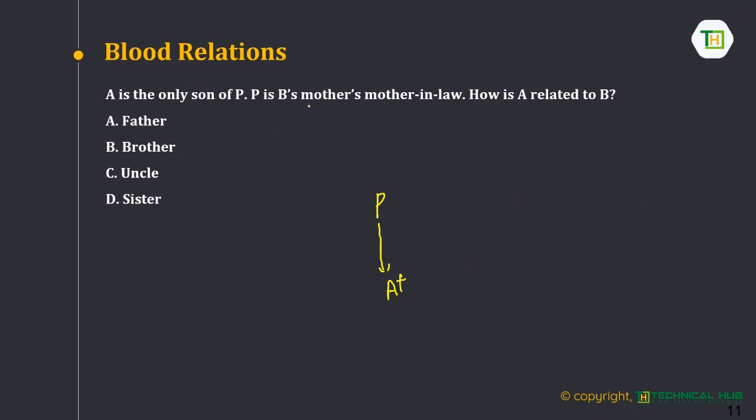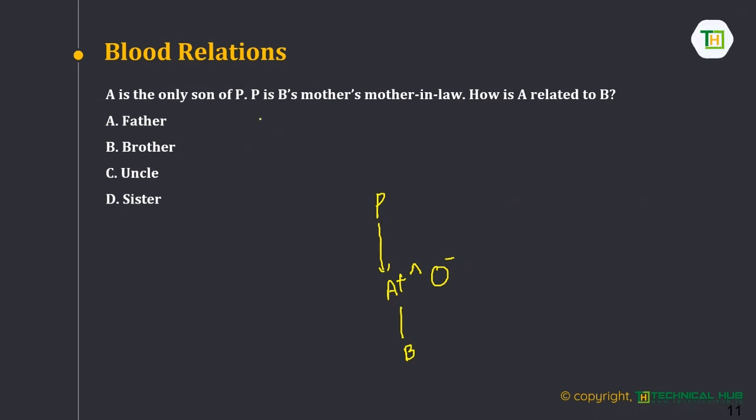So A's wife is one person, and B's mother means A and B's child is B. B's mother's name is not given, any one of the persons.